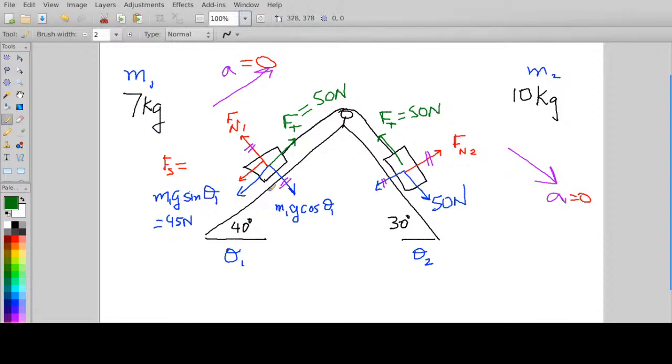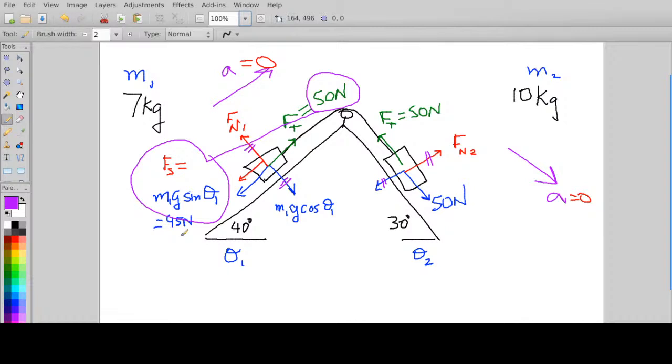Again, the perpendicular components cancel out here. So now you're going to say, let me compare this to these forces down here. Well, we have 50 newtons pulling up and only 45 newtons due to gravity pulling down. We have 45 down, but we need 50. That's a difference of 5, right? You've got 45, you need to get to 50, so you need 5 more newtons.